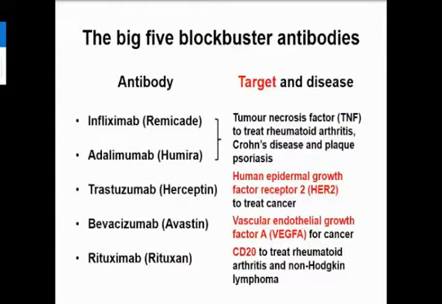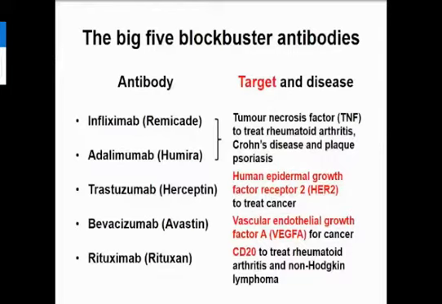The other 3, Herceptin, Avastin, and Rituxan, are all targets for cancer. So, of course, cancer is one of the big diseases, the big killers of people. A very famous one, Herceptin, is used to treat breast cancers by targeting epidermal growth factor receptor 2, also rather confusingly called HER2.